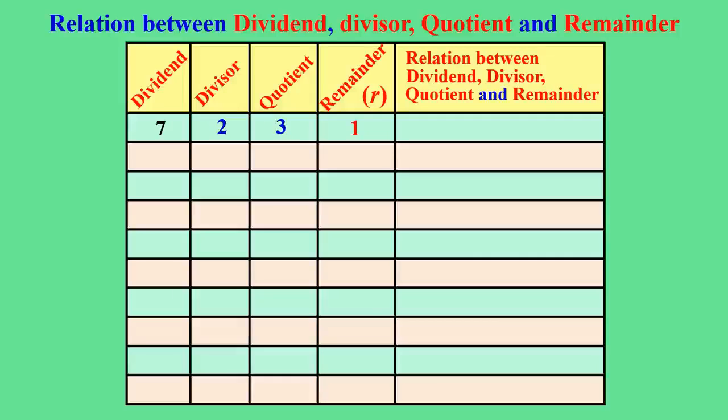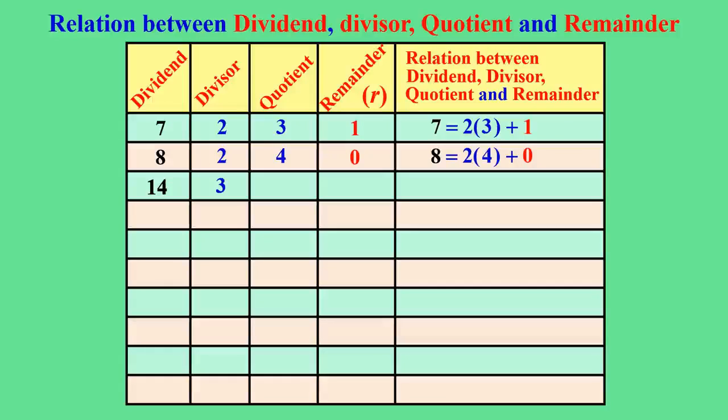Then the relation between 7, 2, 3 and 1 is 7 is equal to 2 times 3 plus 1. 8 is the dividend, 2 is the divisor, then the quotient is 4, remainder 0. Then the relation between 8, 2, 4 and 0 is 8 is equal to 2 times 4 plus 0.